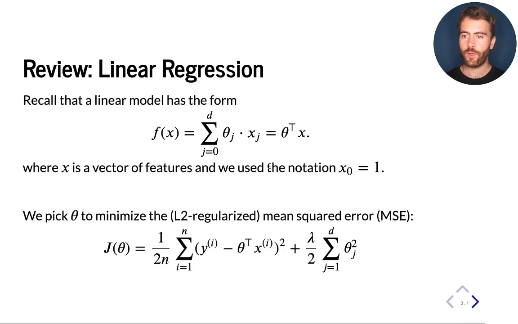In one of our first lectures in which we talked about linear regression, we saw that we can train these models using the mean squared error loss, which is simply the squared difference between the target that we have for our input and the prediction of the model, which is here theta transpose x. So we take the difference of that, we square it, and then we look at the average over the data set.